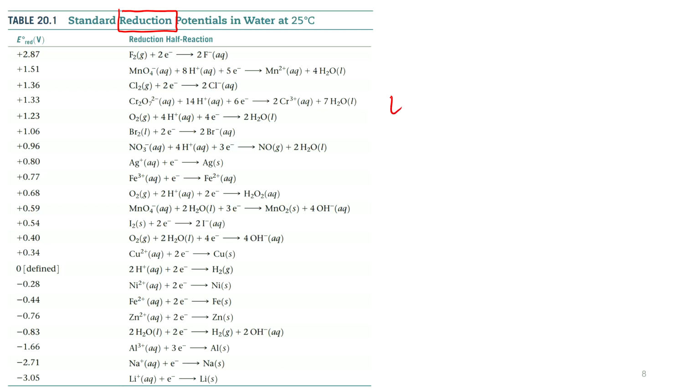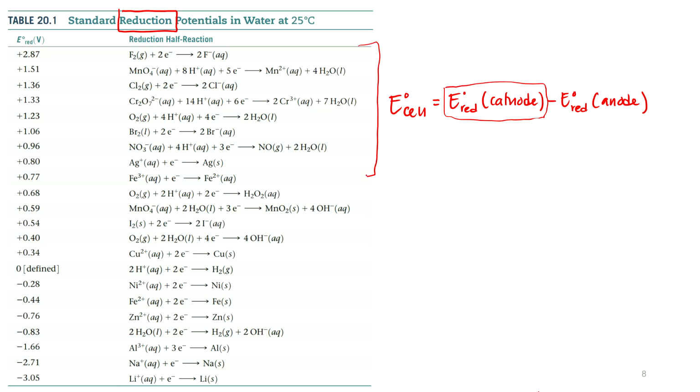But we would see that if we wanted the standard cell potential to be positive, then we should use the more positive standard reduction potential. So the cathode is going to be higher up on this list, right?